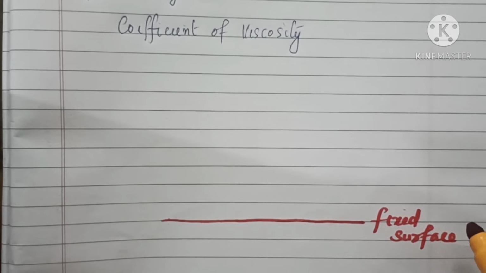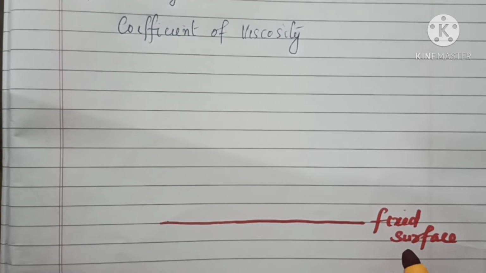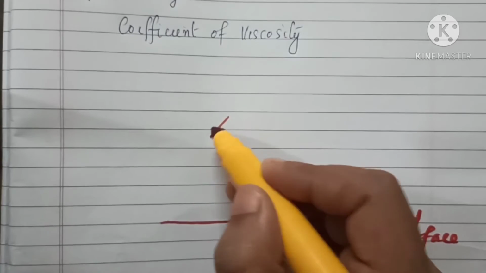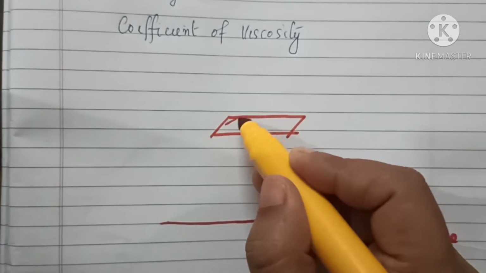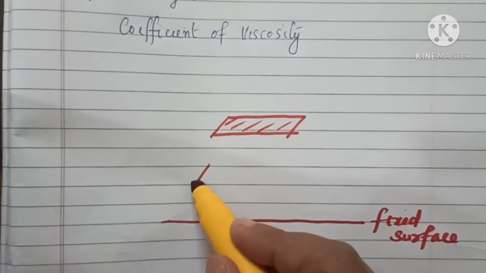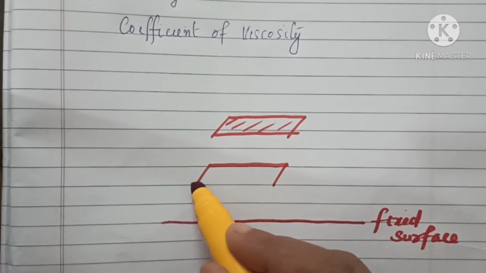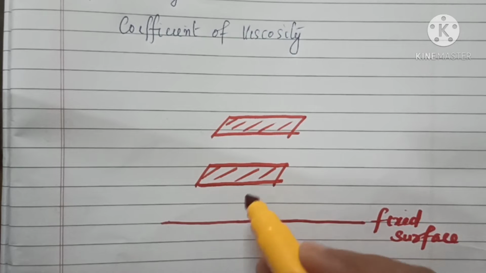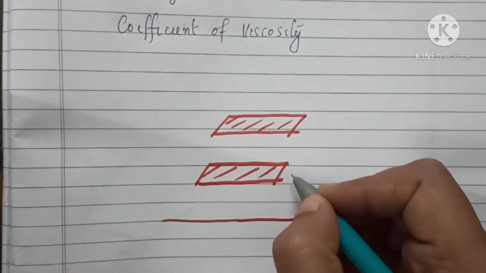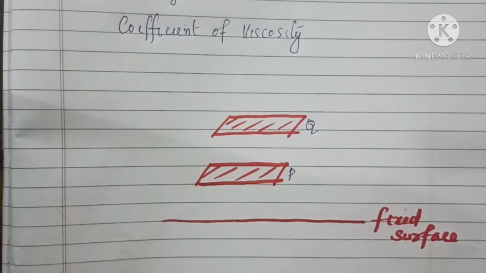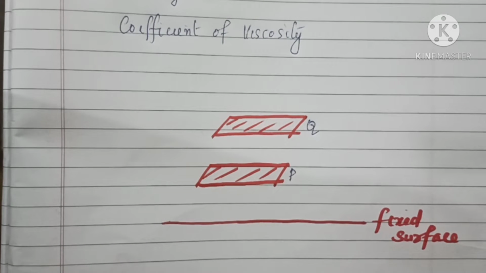Now here again the liquid is flowing in layers like we have discussed in the previous case, and two layers I am considering here. First one like this, now second one like this, because the two layers are parallel to each other, that is why you can draw like this. So these are the two layers, and let the layers be P and Q. Okay, this is P and this is Q. These are the two layers parallel to each other.